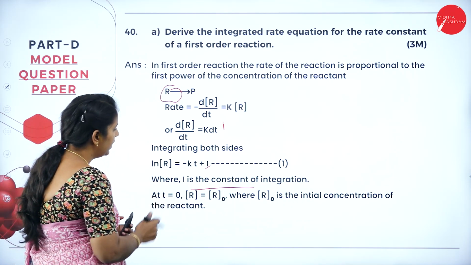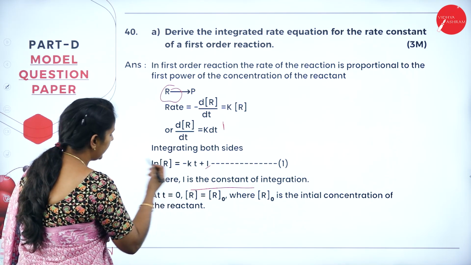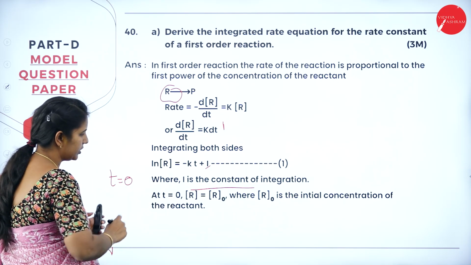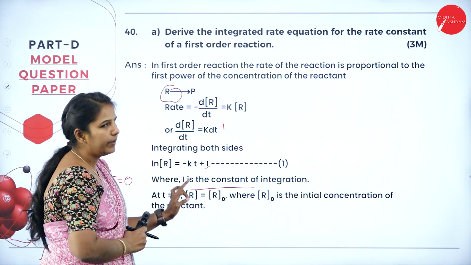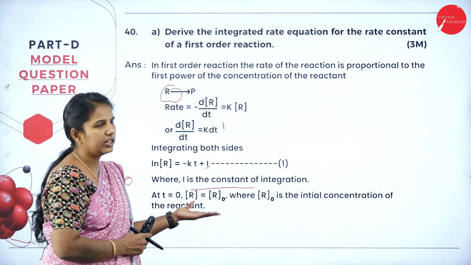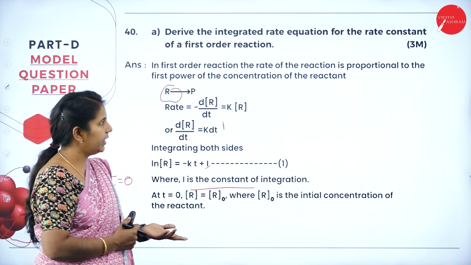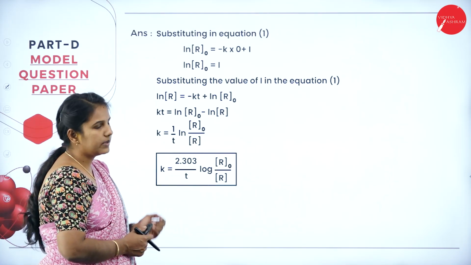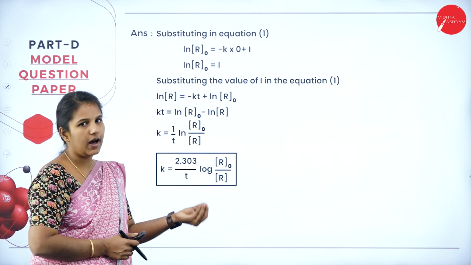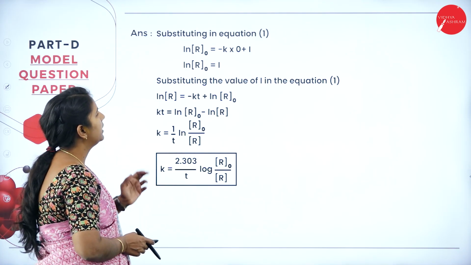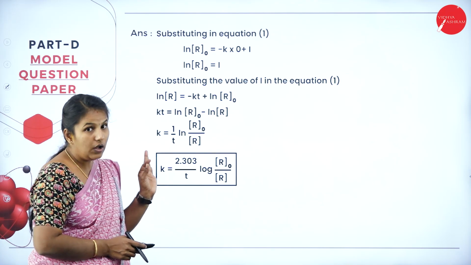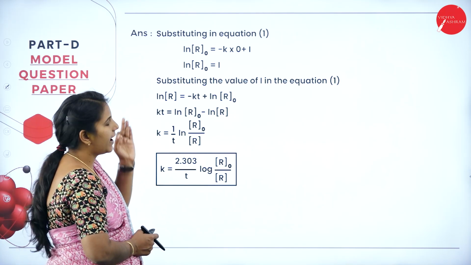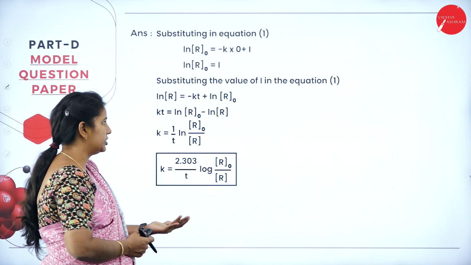Okay. Then at time 0, if I consider this condition, what will happen? R will be equal to R naught, which is nothing but the initial concentration of the reactant. Now I will substitute this value of R in the above equation. You will get ln R naught is equal to I. Now I will substitute this value of I into the original equation.